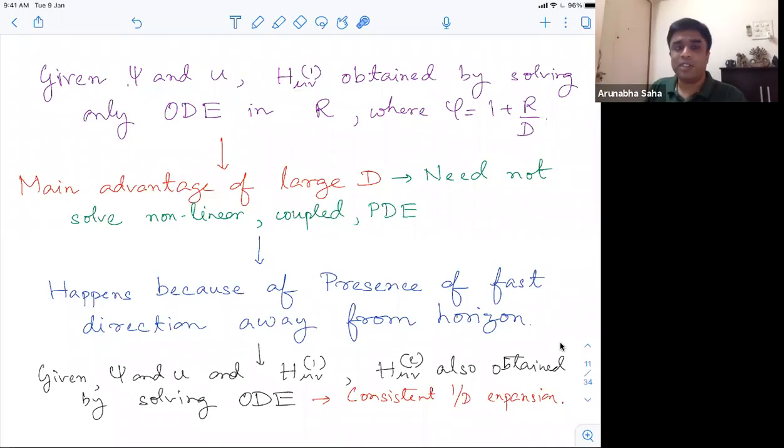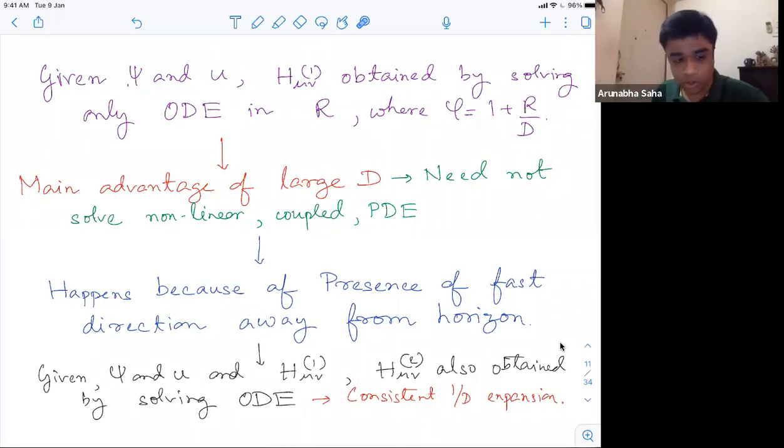You are able to convert them effectively into ordinary differential equations acting on r, a problem that we have much more control over, and hence you can arrive at these corrections order by order in 1 over d. And hence, in principle, you have solved for the black hole metric in 1 over d perturbation series.